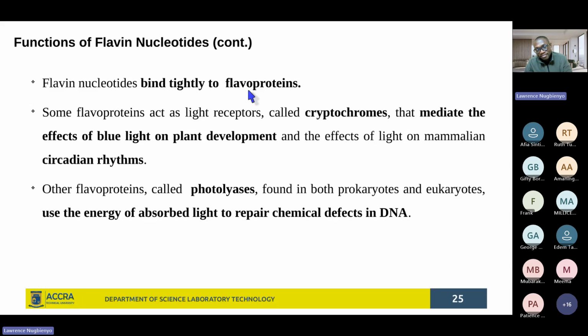And you find these flavin nucleotides acting in processes of what we refer to as the circadian rhythm. You do have some of these in plants as well, as well as in animals. So you see in the morning, some plants are going to open up their leaves or their flowers.